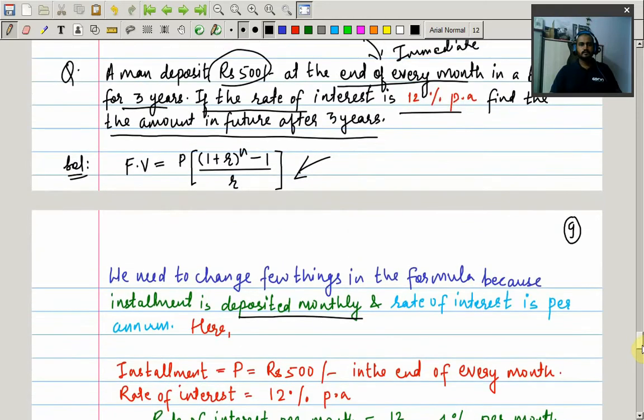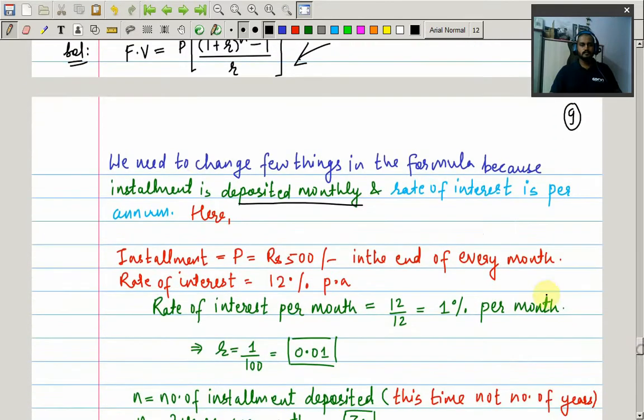And everything is done for 3 years. We need to change a few things in the formula because the installment is deposited monthly and the rate of interest is per annum. So the installment amount is rupees 500 at the end of every month. Rate of interest is 12% per annum.